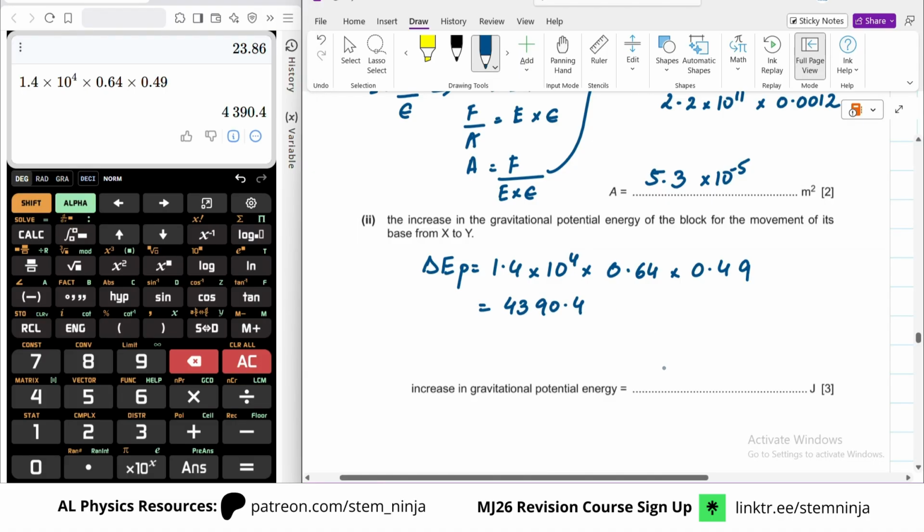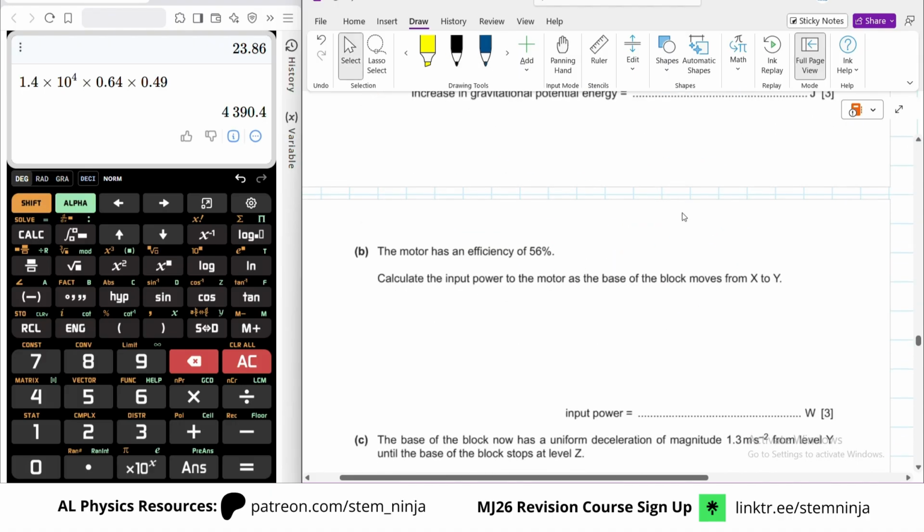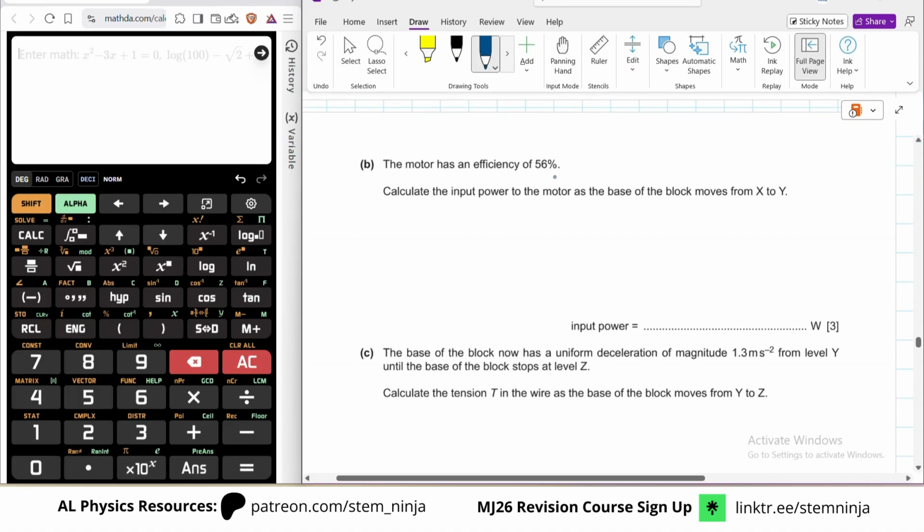So 4390.4, let's call it 4400. The motor has efficiency of 56%. Calculate the input power to the motor as the base of the block moves from x to y. So basically that means we first need the power output, without that we cannot do that.